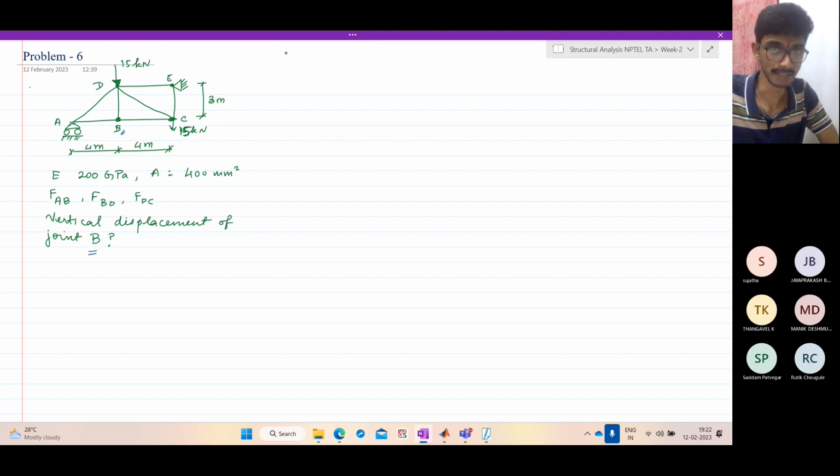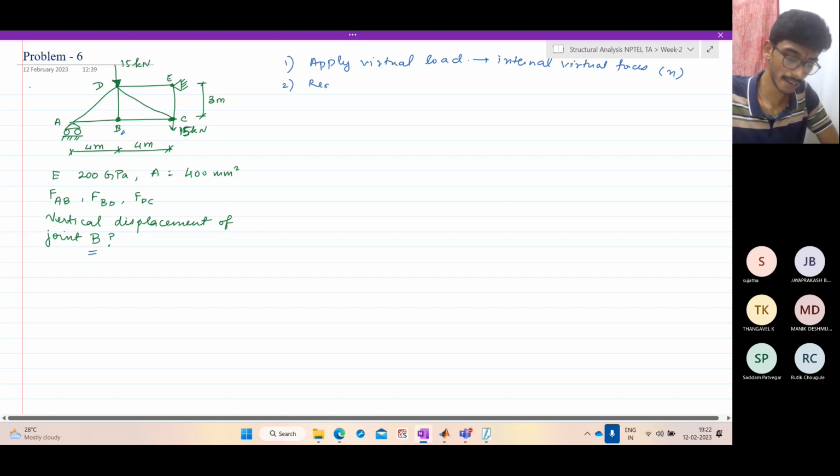So first step, as I said, is you need to apply a virtual load and solve for internal forces, internal virtual forces, which are n.